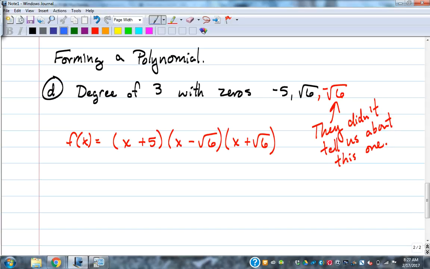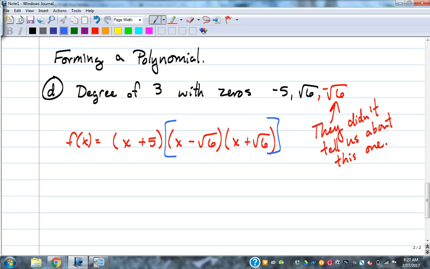Let's build the standard form. Okay, so when you do this, you want to multiply the stuff with radicals or complex parts together first. Put those together because then the radicals will go away and the complex parts will go away. So I'm going to do these two first. So FOIL method, distributive property, whichever way you do that, doesn't matter.